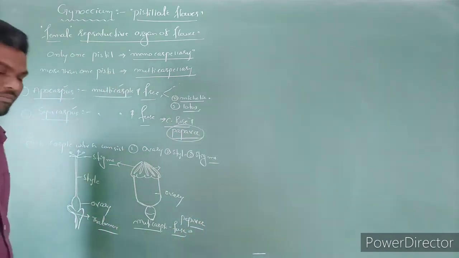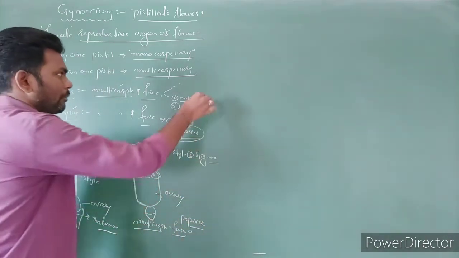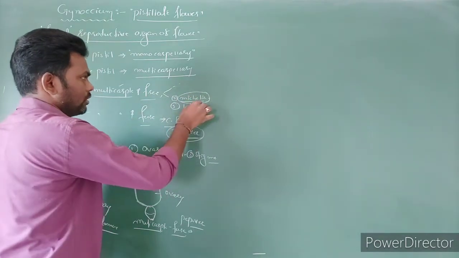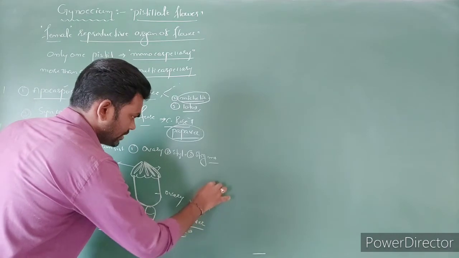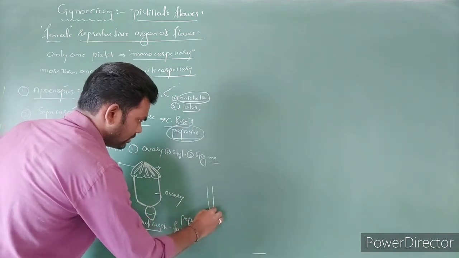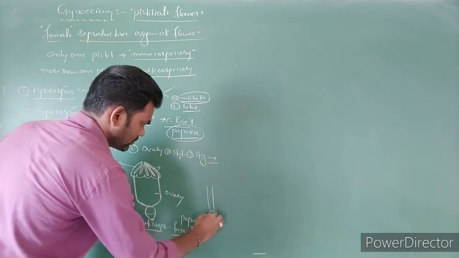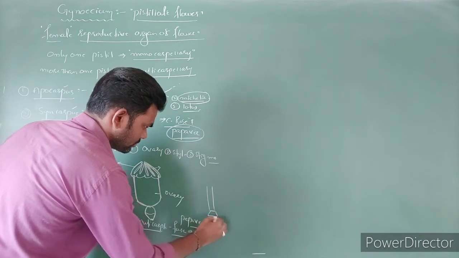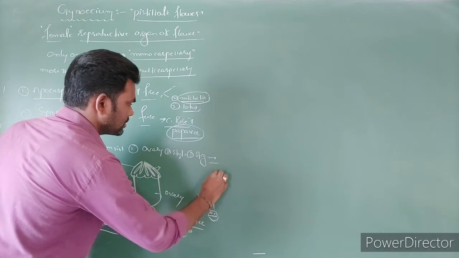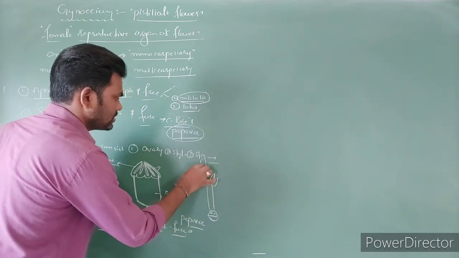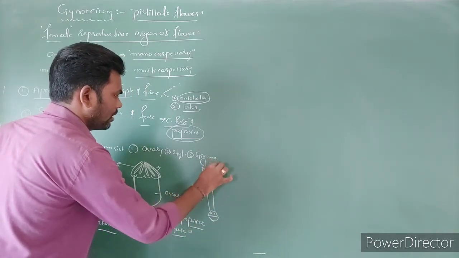And one more example is given, Michelia, or you can say lotus. Here the Michelia example is given. Here a number of carpels are present, and each one is one carpel.